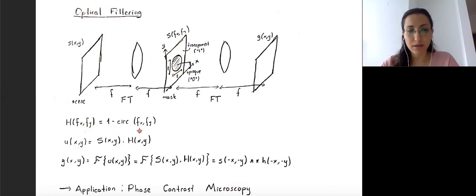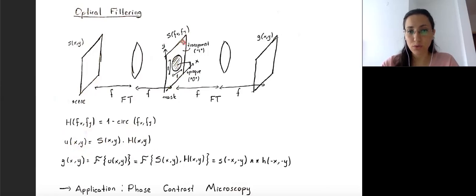Then in this plane, we're going to have the Fourier transform of s, capital S, multiplied with this mask function H. And just after the mask, the field distribution will be U(x,y), which is the Fourier transform of the object multiplied with this mask.